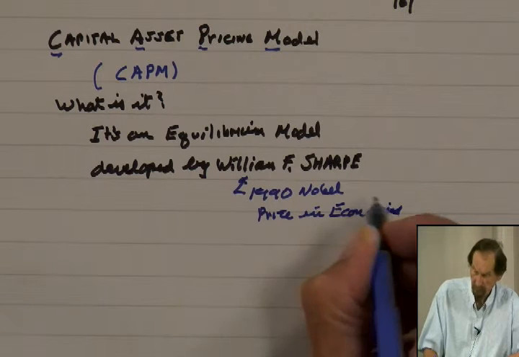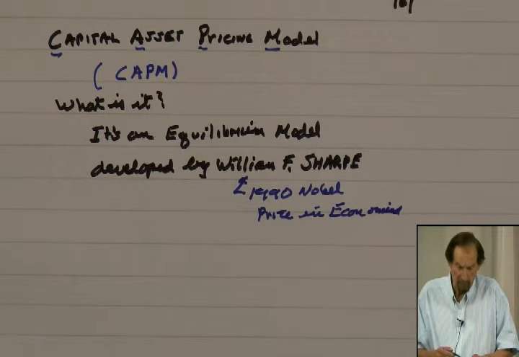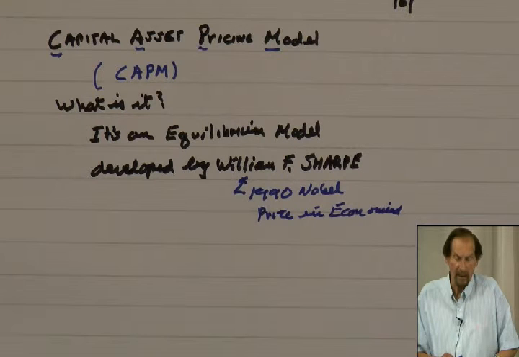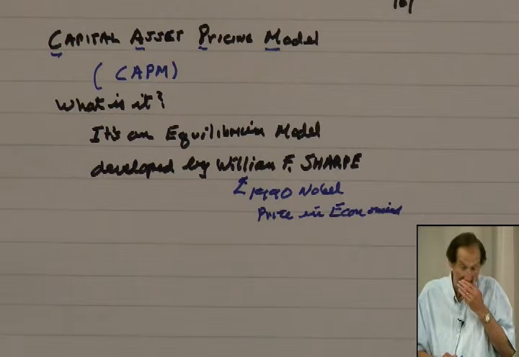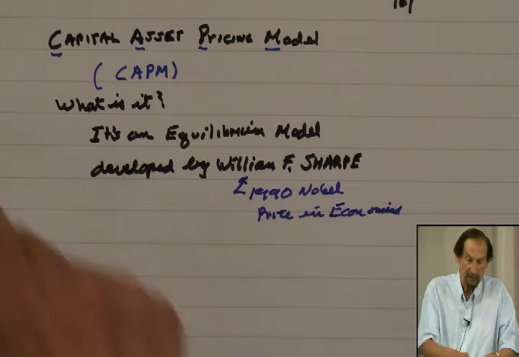So what is it? CAPM is trying to find, at equilibrium, what should be the price of our various assets here?